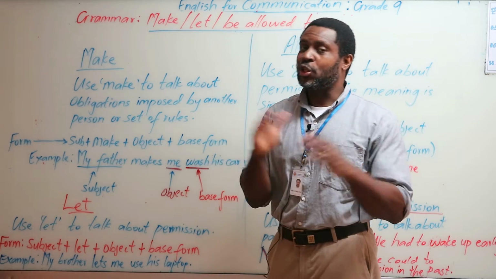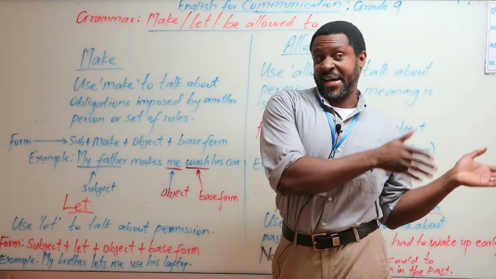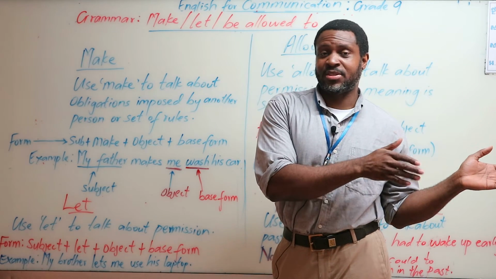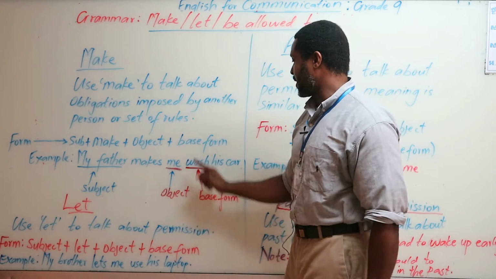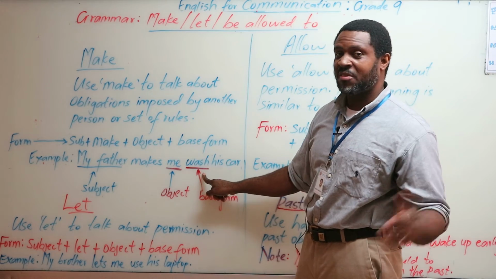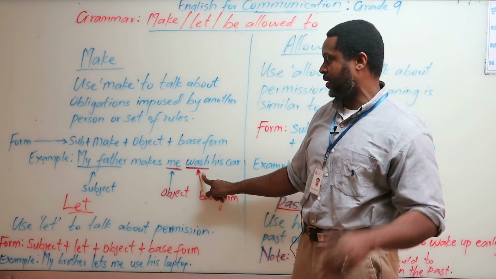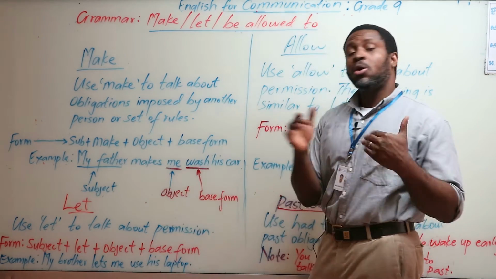That means you don't change it. Don't change to past tense or continuous form. You just keep it the same way, like wash. Don't say washed or washing. My father makes me wash his car.